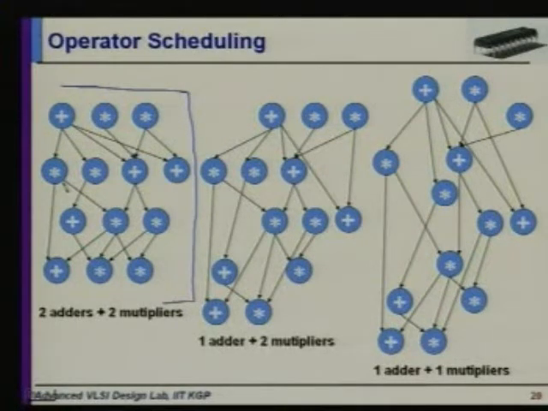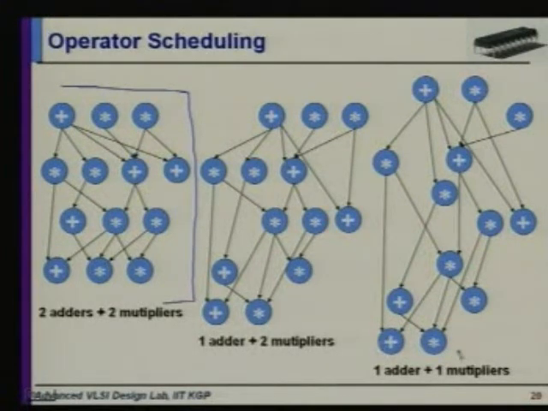Let's see. So this one, as you can see, uses 2 multipliers and 2 adders, but completes the whole thing in 4 clock cycles. Right? If I reschedule the operations, then I can have a schedule which uses only 1 adder and 2 multipliers. This is this one, but it requires how many? 5 clock cycles.